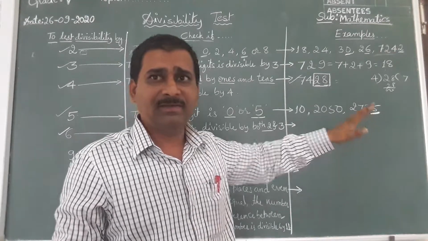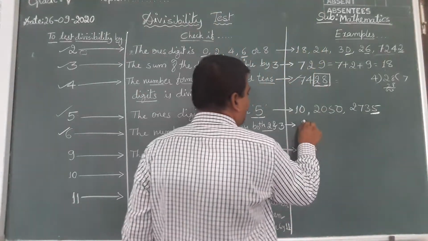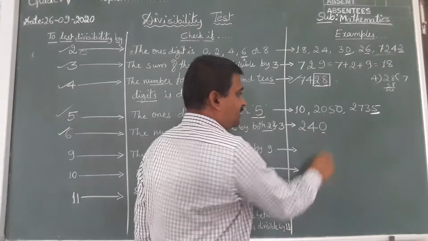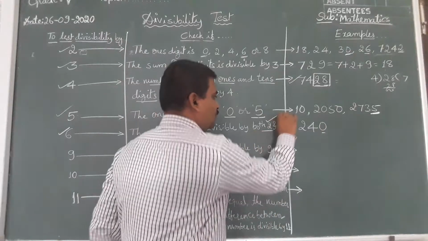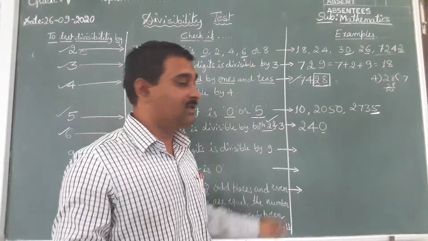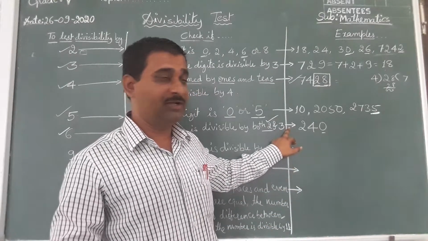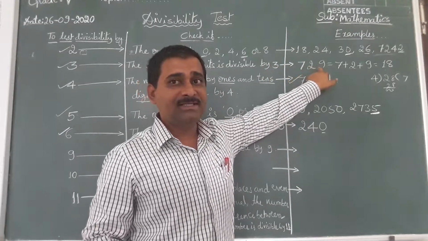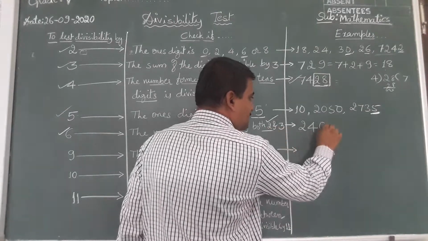See 240. If you find 0 in the ones place, then definitely it is divisible by 2. We should not only check the divisibility by 2, we should check divisibility by 3 also. How to check the divisibility by 3? Add the digits of the number. So yes, it is divisible by 2 because of 0.